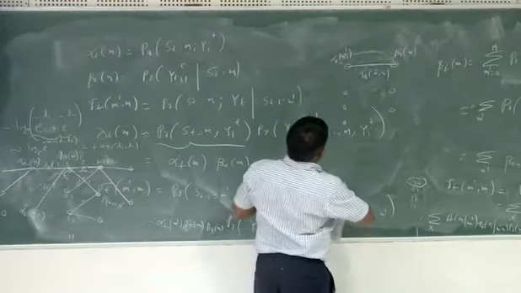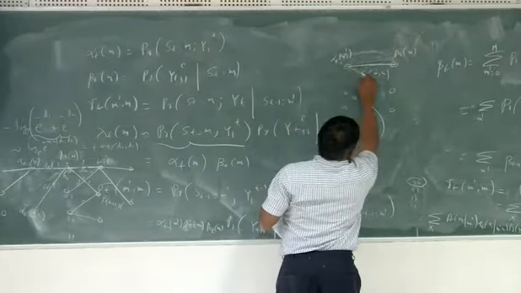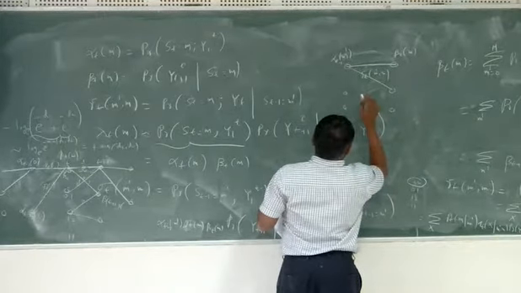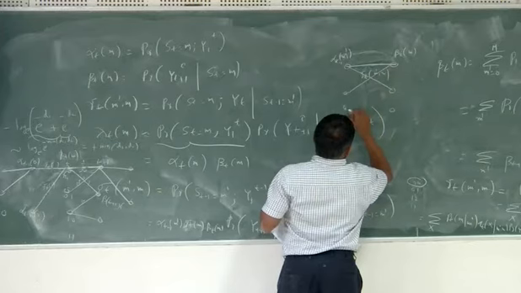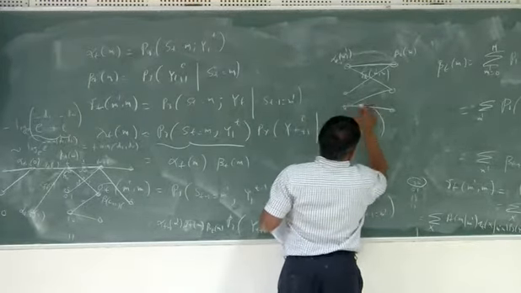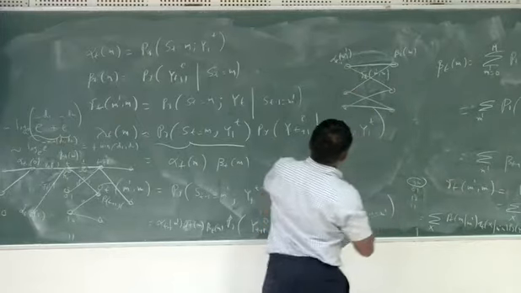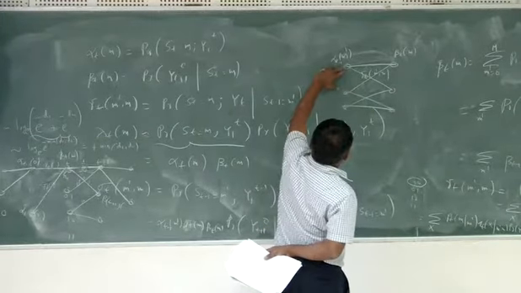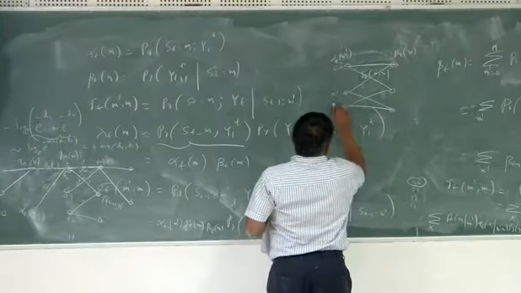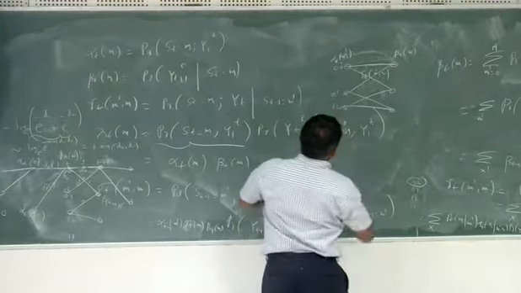If you know all these transitions, let me just draw this. Like this. The states are 0 0, 0 1, 1 0, and the fourth one is 1 1.